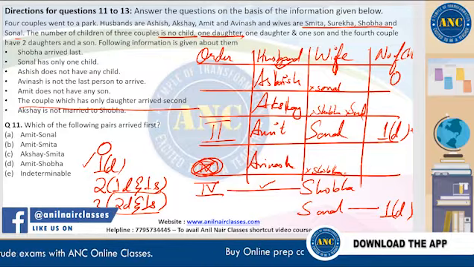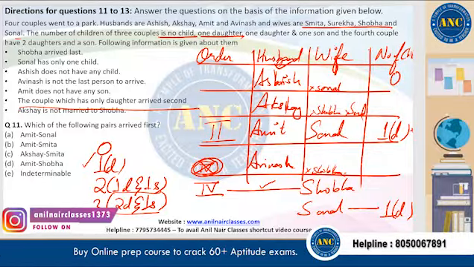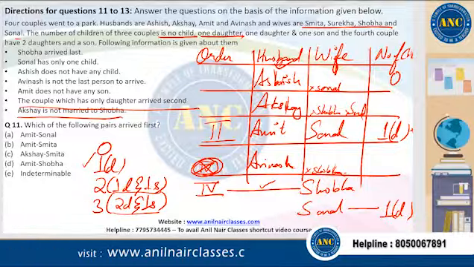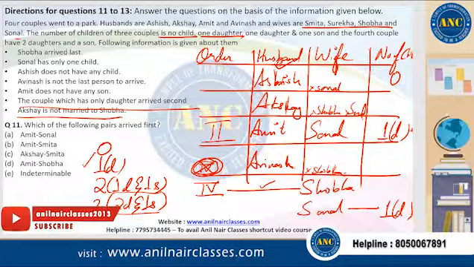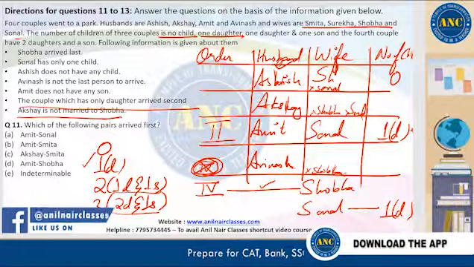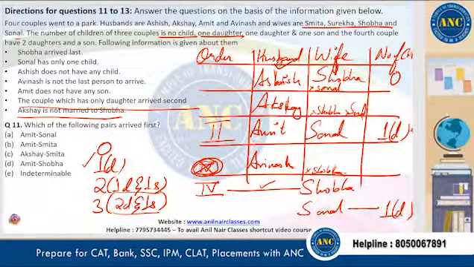Shobha cannot be married to Akshay because Akshay is not married to Shobha. In any case, we cannot put Shobha with Avinash, Amit, Akshay, which simply means Shobha has to get married to, or Shobha was married to Ashish, right?